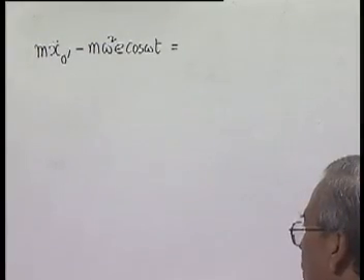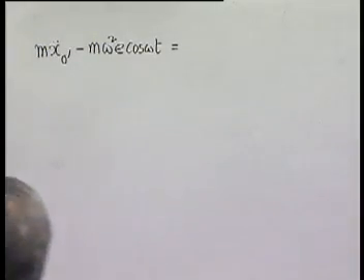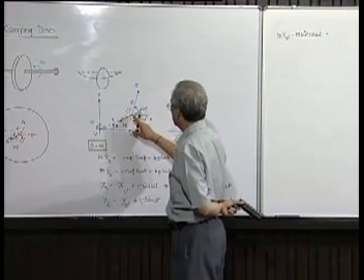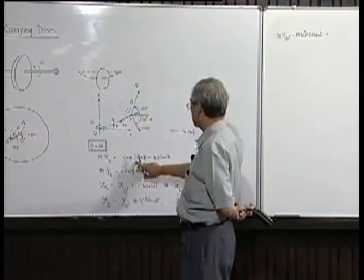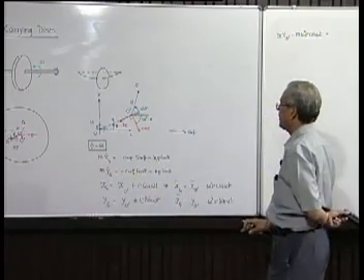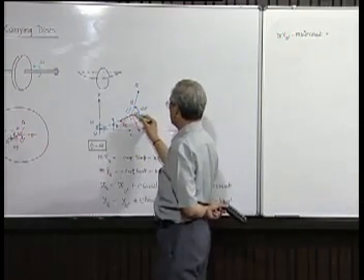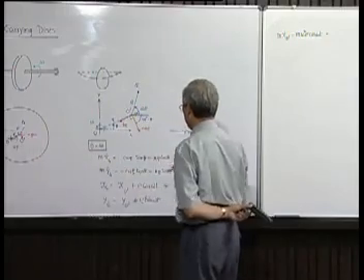Now, c omega rho is nothing but the velocity of this point, and if you multiply by sin theta, what happens? It is the x component of velocity of O prime point.